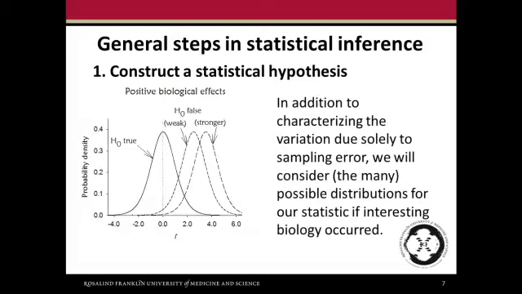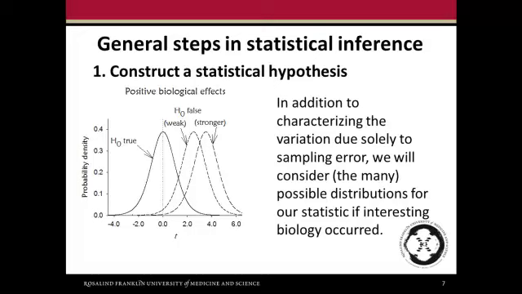So in addition to characterizing the variations solely due to sampling error, we can also consider possible distributions if something interesting was actually happening. So in this case, we see a shift to the right of the distribution for the value of t's if our null hypothesis is false.